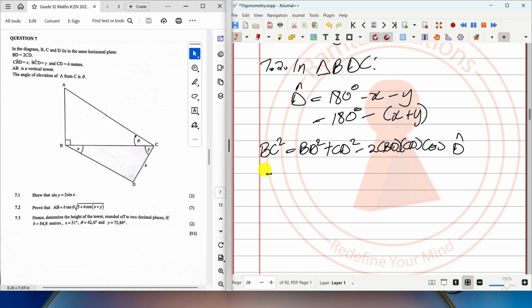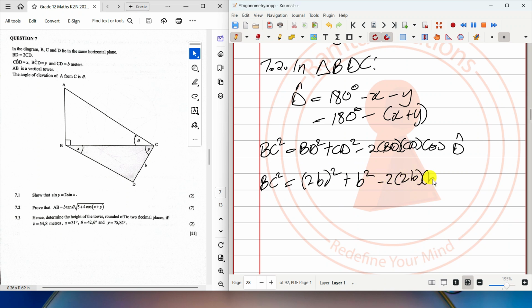I don't know what BC is, so let me just proceed. BC squared. What is BD? BD was 2 times B. What is CD? It is B. This is minus 2 times 2B times B cos of 180 degrees minus x plus y.